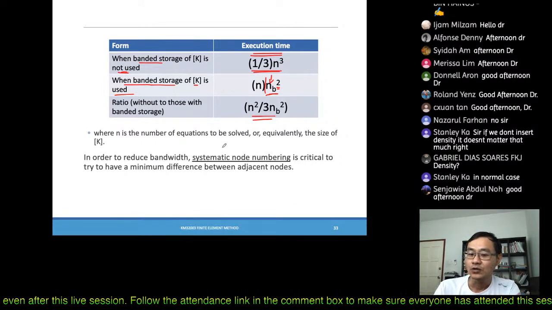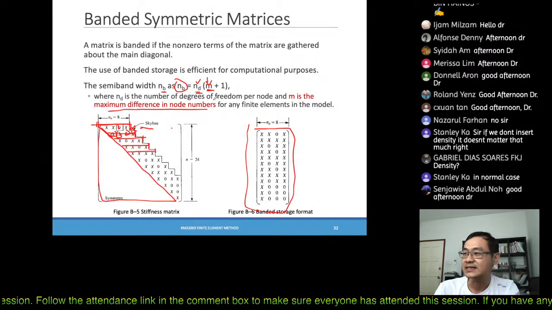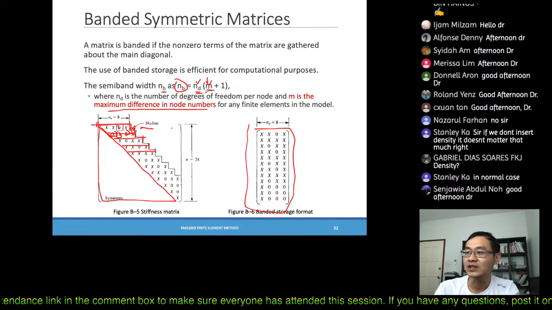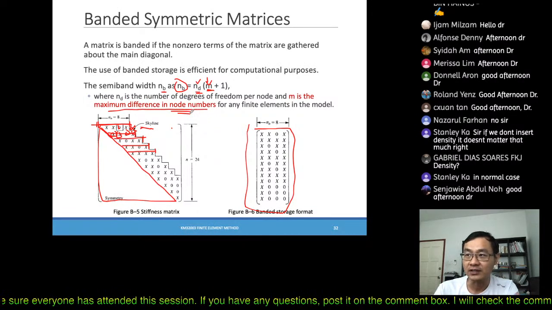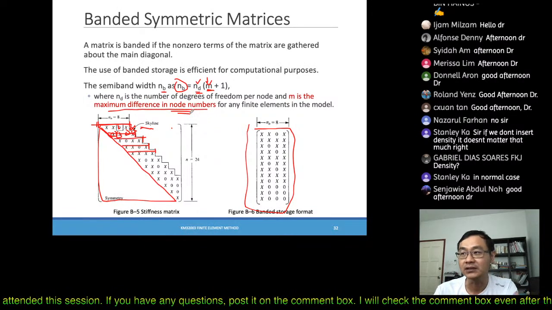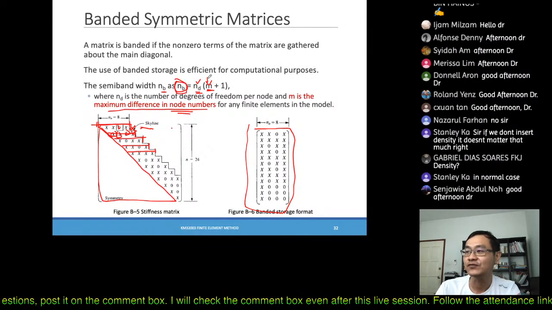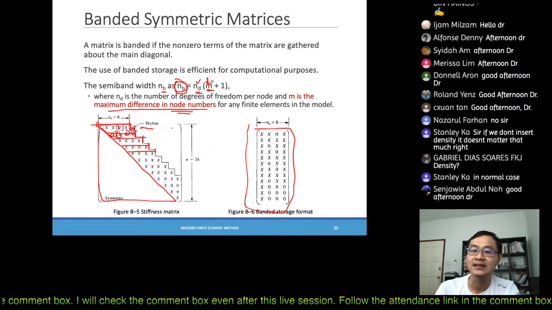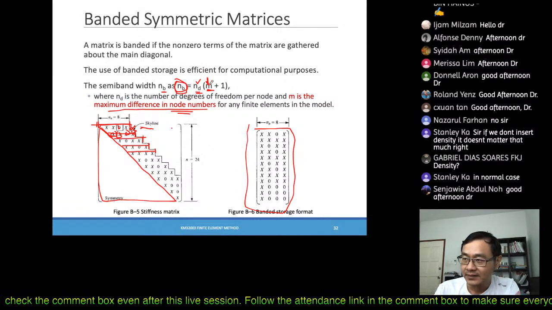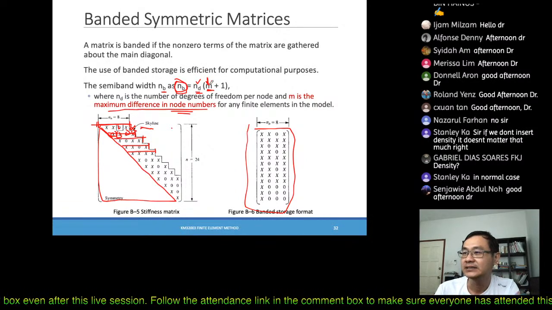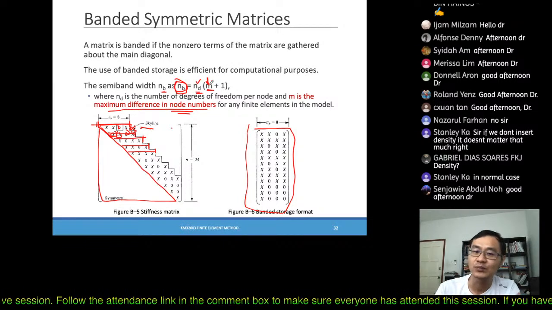Therefore, since we are talking about this M, the maximum difference in the node number, the numbering of the nodes now becomes important in order to minimize this NB. If the difference between them is smaller, then the semi-bandwidth will be smaller.